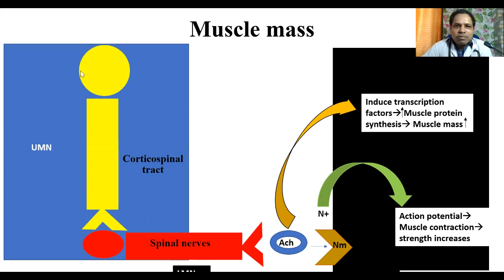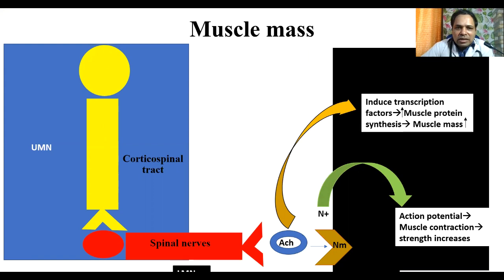This is the upper motor neuron, the corticospinal tract, upper motor neuron number 2. I'm talking only about upper motor neuron number 2, not 1. 1 is the cortico-bulbar tract. I'm talking about the corticospinal tract, which is coming to the spinal cord.